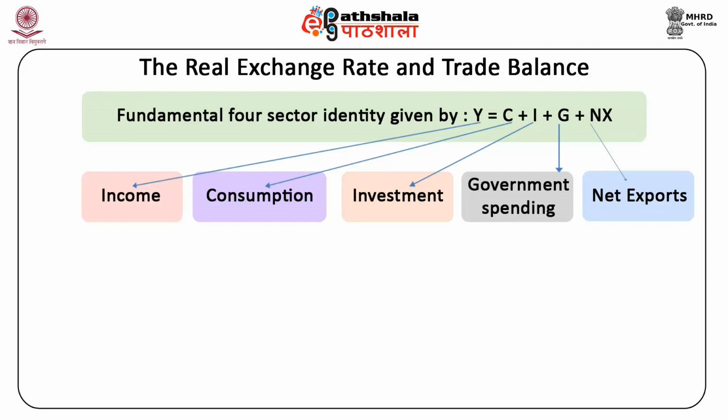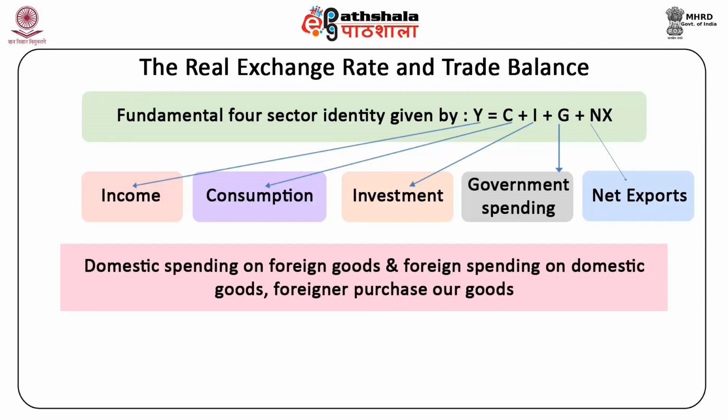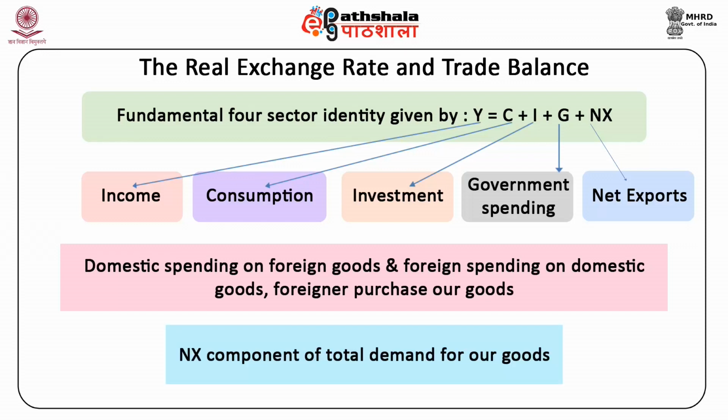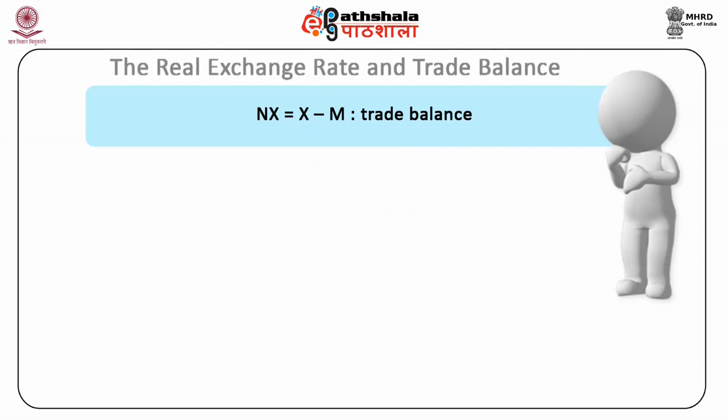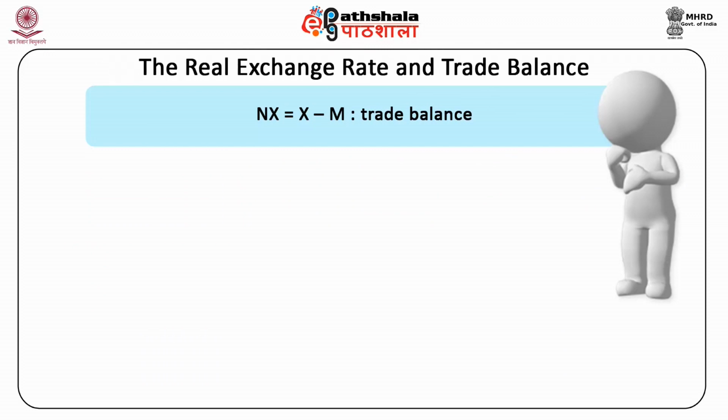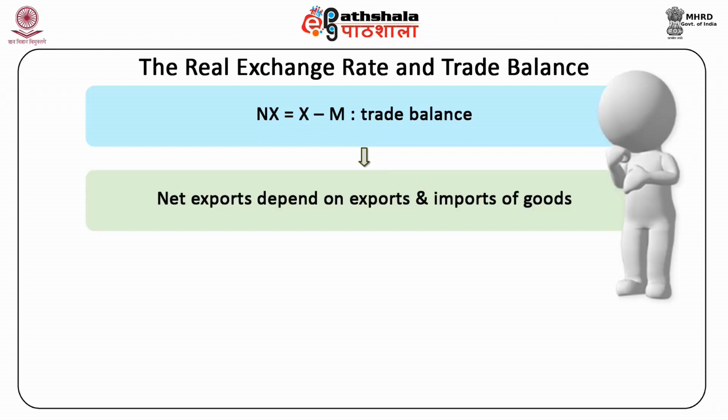The term NX accounts for domestic spending on foreign goods and foreign spending on domestic goods, when foreigners purchase goods produced by the domestic country. NX is a component of the total demand for our goods. Thus, NX equals X minus M. NX is also called the trade balance. The net exports thus depend on exports and imports of the goods.